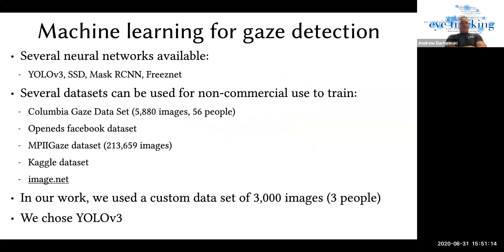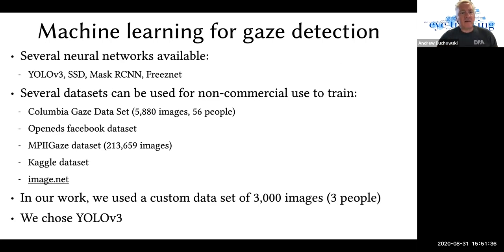Okay, after that, Ildar explored several neural networks: YOLO v3, SSD, Mask R-CNN, and FreezeNet. YOLO is you only look once. And also the datasets that can be used for non-commercial training purposes.